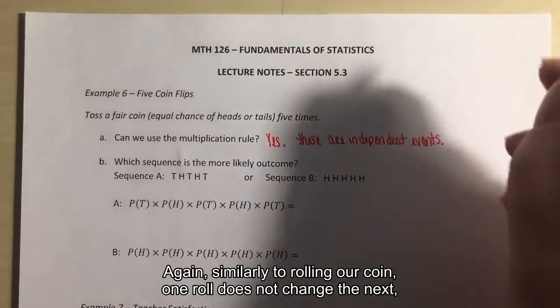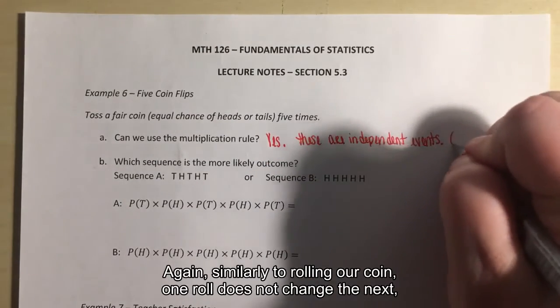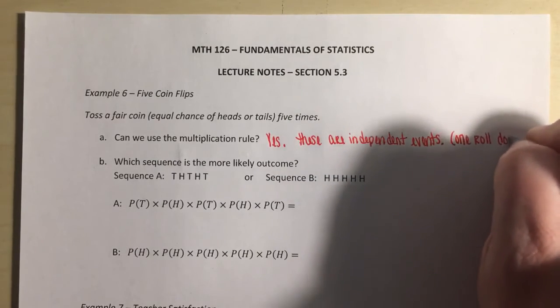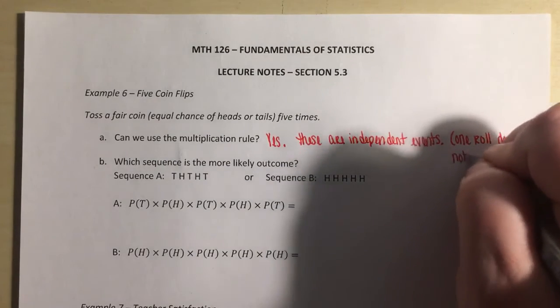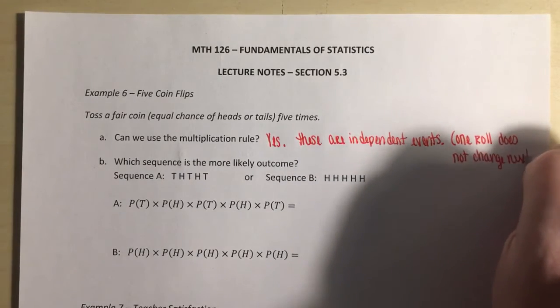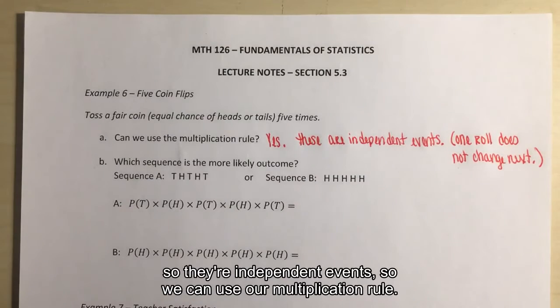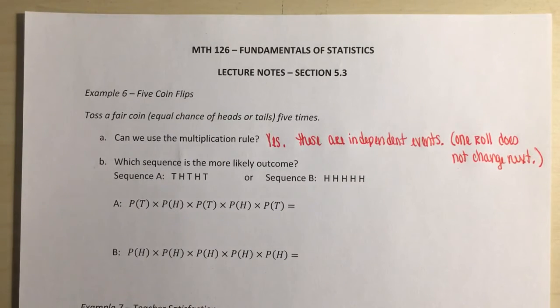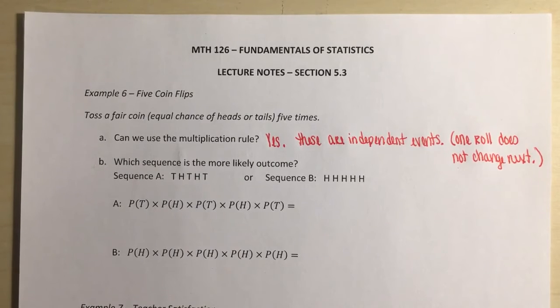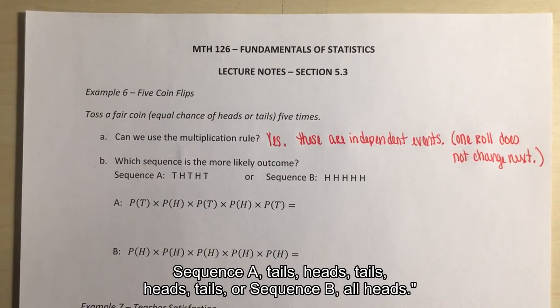Again, similarly to rolling our die, one flip does not change the next. So they are independent events, so we can use our multiplication rule. Right, so for B, we're asked which sequence is more likely? Sequence A, tails, heads, tails, heads, tails, or sequence B, all heads.